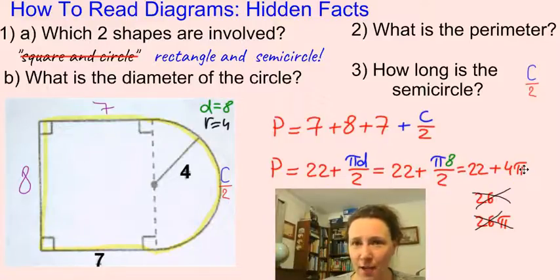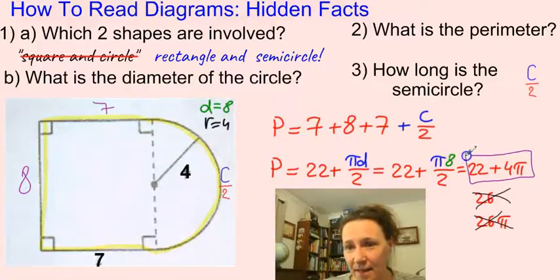Therefore, you could not combine them, which means that your answer numerically would look exactly like that, 22 plus 4 pi. And of course, to make it perfect, you have to add your units. Perimeter is calculated in units to the first power, so this is our result. That's it.